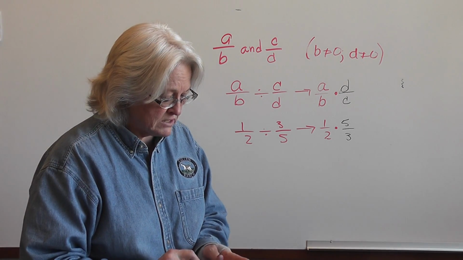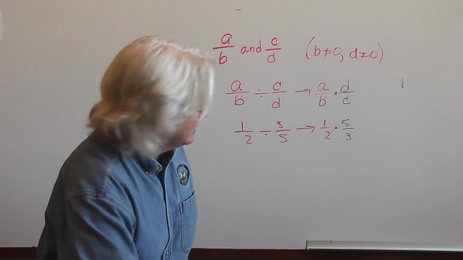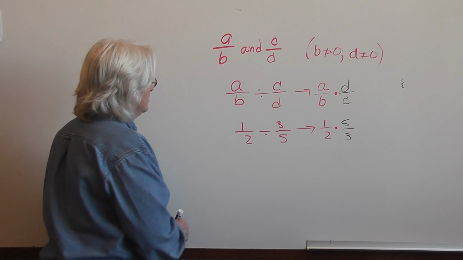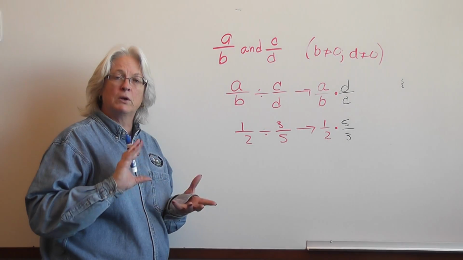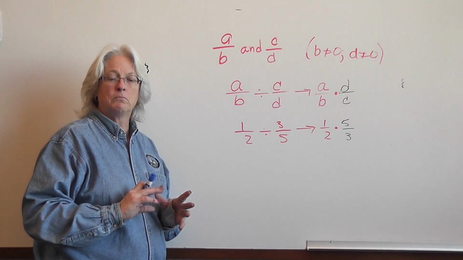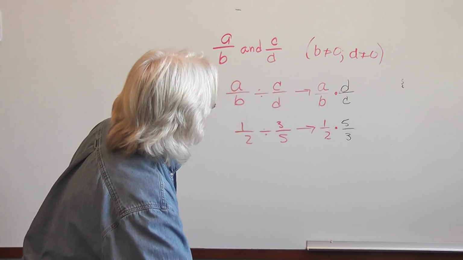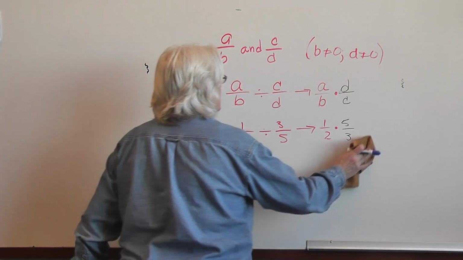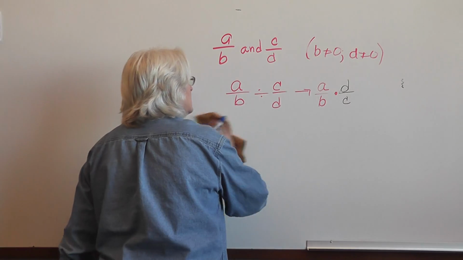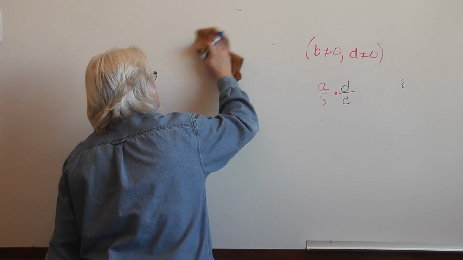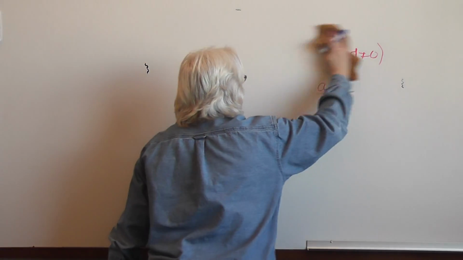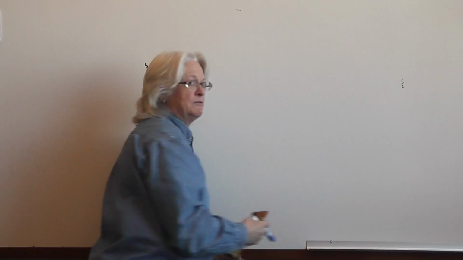So what we sometimes say is that to divide fractions, we invert and multiply. Turn the second fraction on its head and multiply. In other words, instead of dividing by a fraction, we're going to multiply by the inverse, or by the reciprocal.